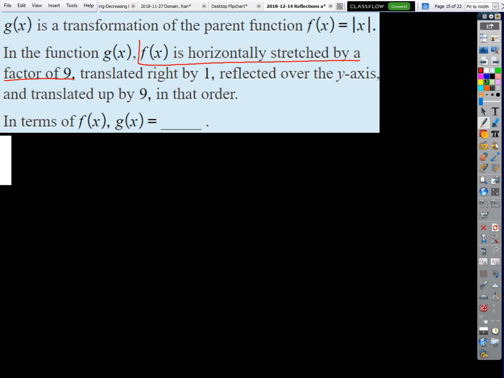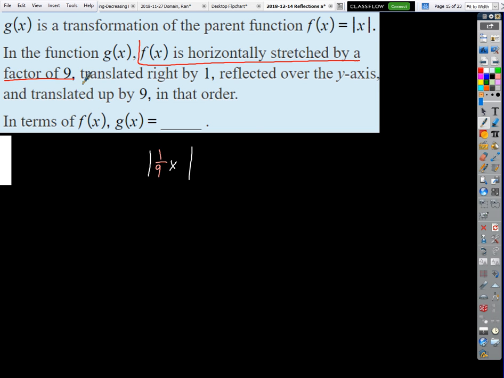So we're starting off with f of x is this, right? How do we horizontally stretch by a factor of 9? Multiply by 1/9. So we're going to multiply by 1/9 where? Inside. Okay, so we got a 1/9 inside. Next issue.